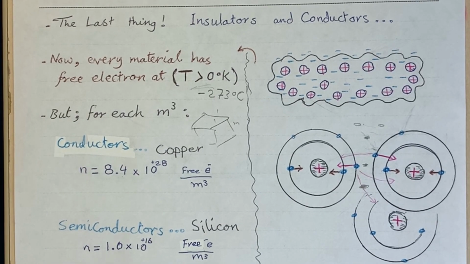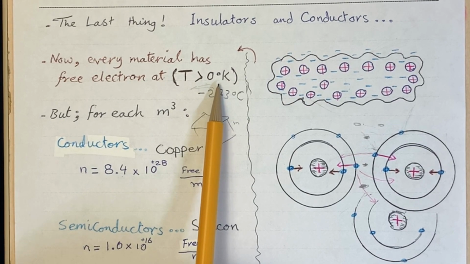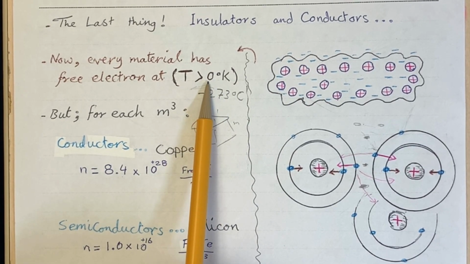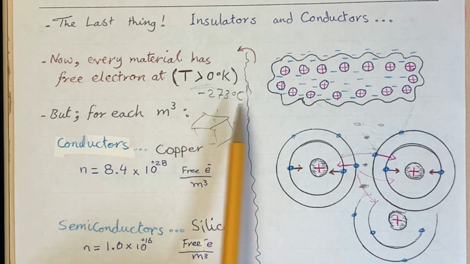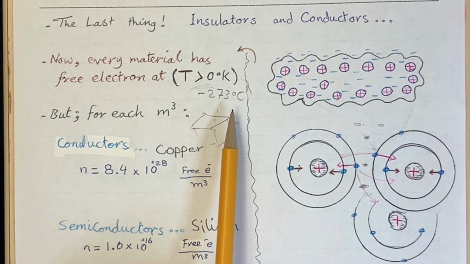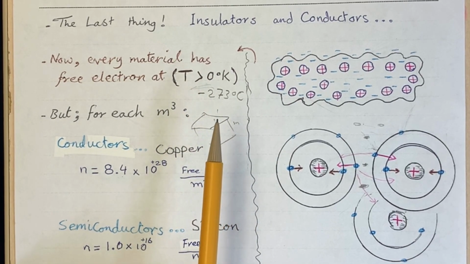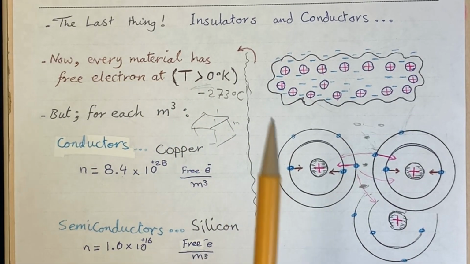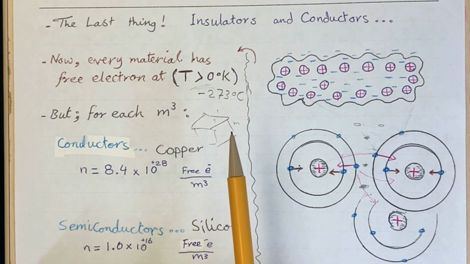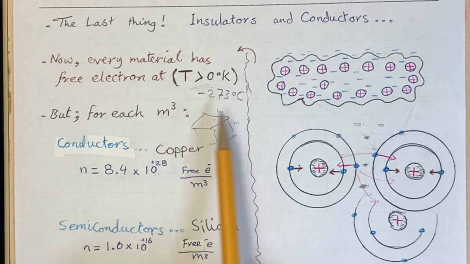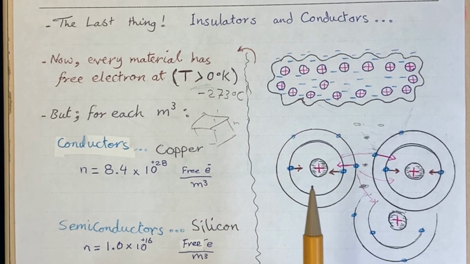In physics, we deal with temperature in the Kelvin unit. So zero temperature in Kelvin is almost negative 273 Celsius. For example, in outer space the temperature is almost 2.7 Kelvin, which is almost negative 270 Celsius.